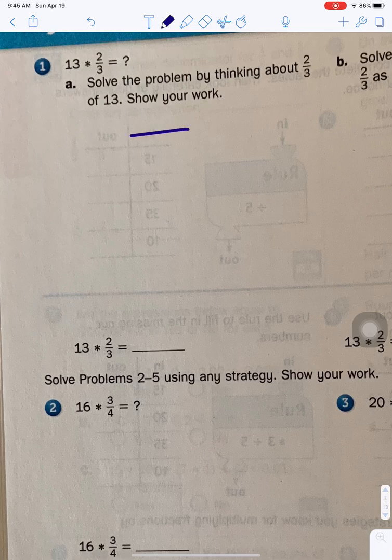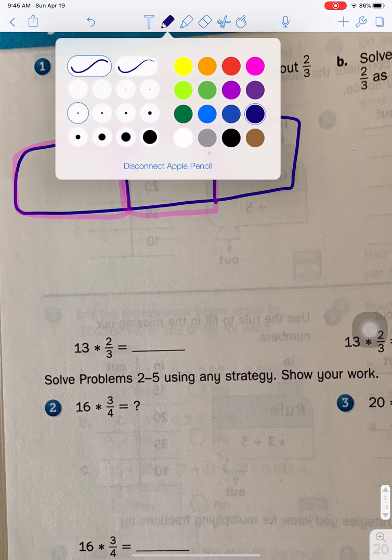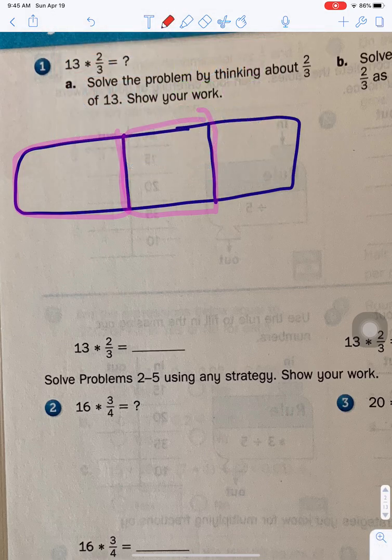So to help me solve this, I'm going to draw a fraction bar and I'm just going to divide it into thirds because I know that 2/3 is going to be this section and this section, 2/3. So I'm going to think of 13 as being a circle.